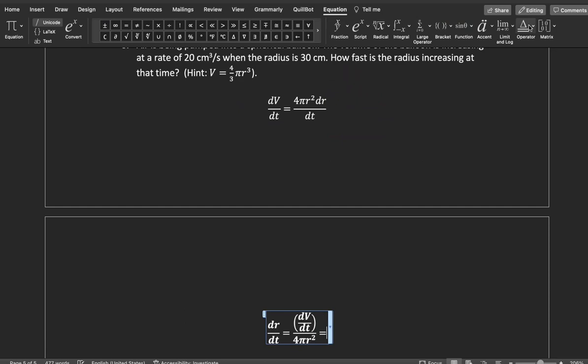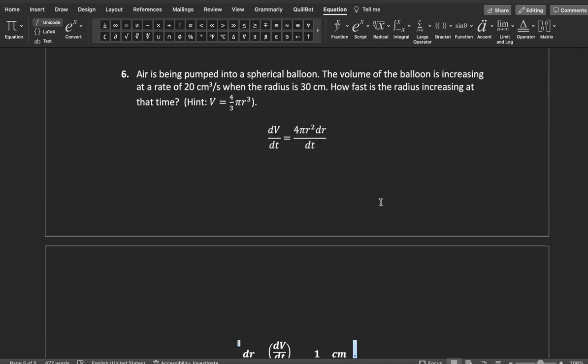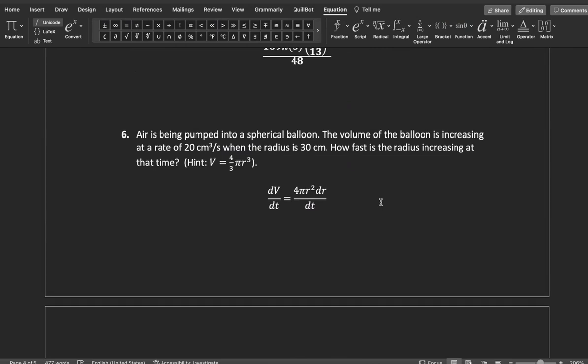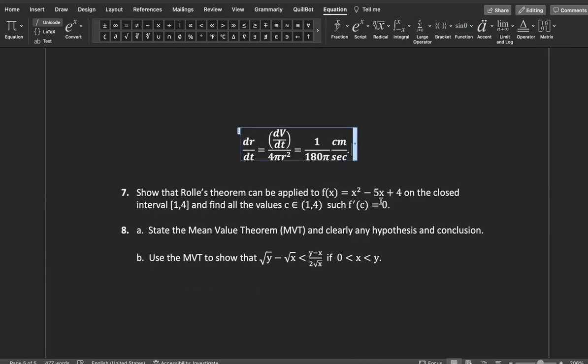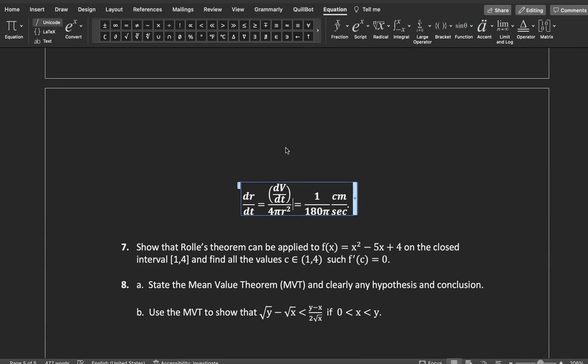When you plug in the values, you should get that dr over dt is 1 over 180 pi centimeters per second. So that is a pretty straightforward question. Pay attention to those. Sometimes you might expect it to be hard, and so you panic and start solving.